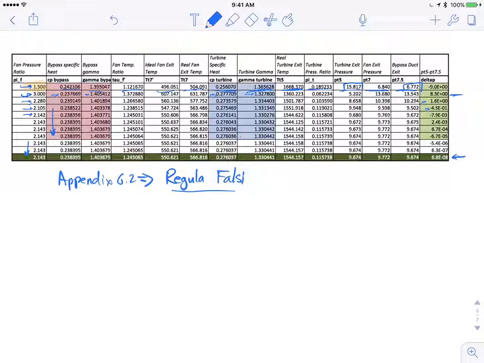So we can say, okay, our converged answer here is going to be TT5 is equal to 1544.157 degrees R. Our PT5 at the discharge pressure of the turbine is going to be 9.674 psia, and of course the duct exit pressure will match that, equals PT7.5.